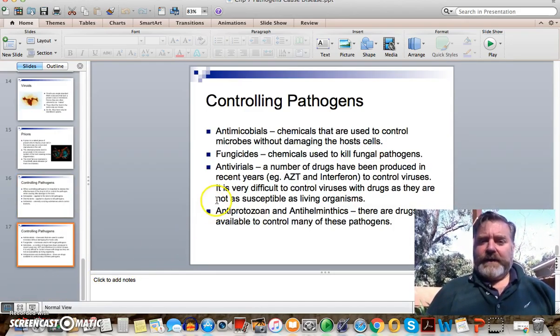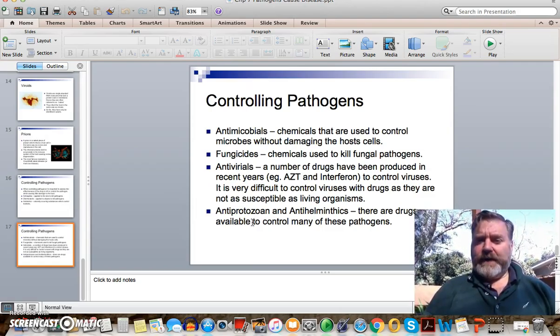We also have antimicrobials, fungicides, antivirals that are now being developed for many diseases, and we have chemicals for protozoans and helminths, the worms. So we are able to use chemicals to break life cycles, to clean surfaces, to stop spread, and then to kill off the pathogen when it arrives in the body. And the antivirals are one of those really exciting new areas where we might be able to control viruses when they attack people.